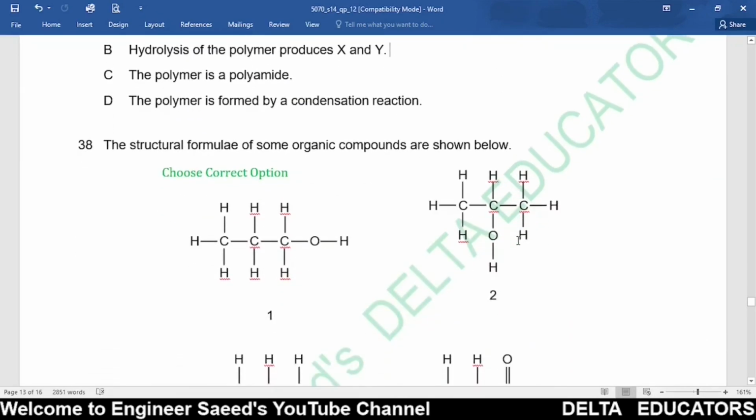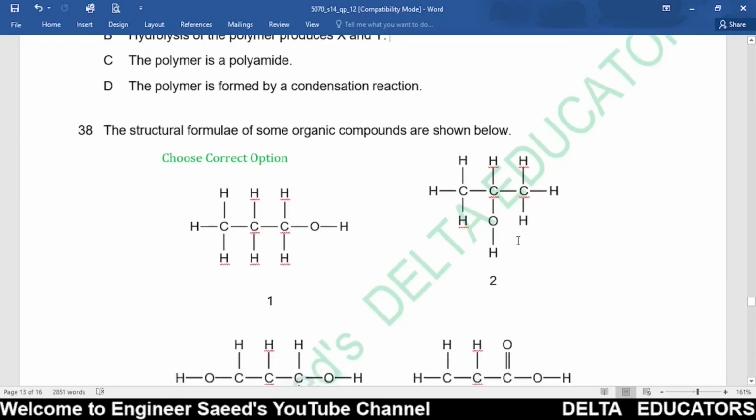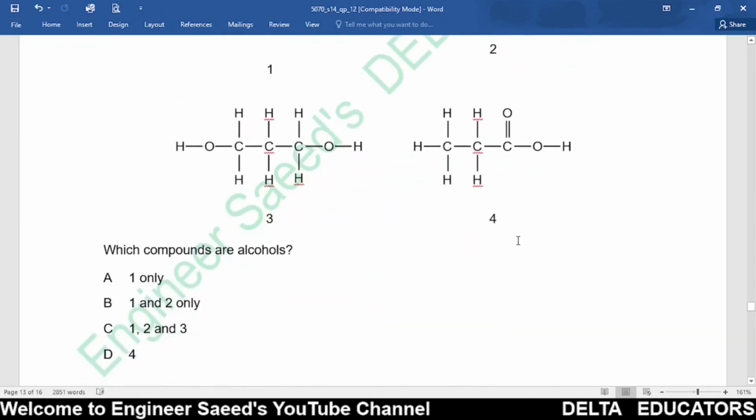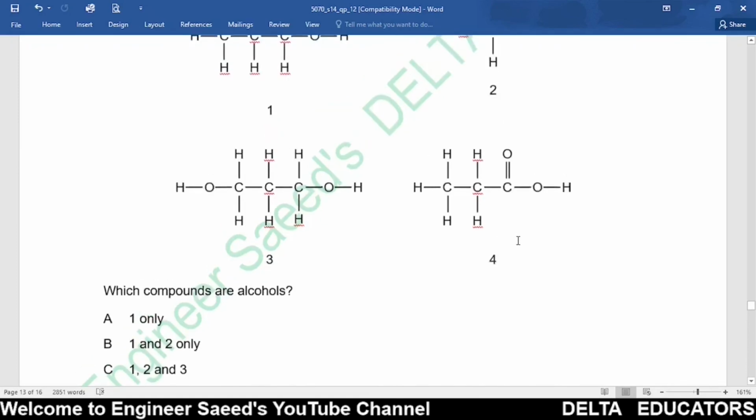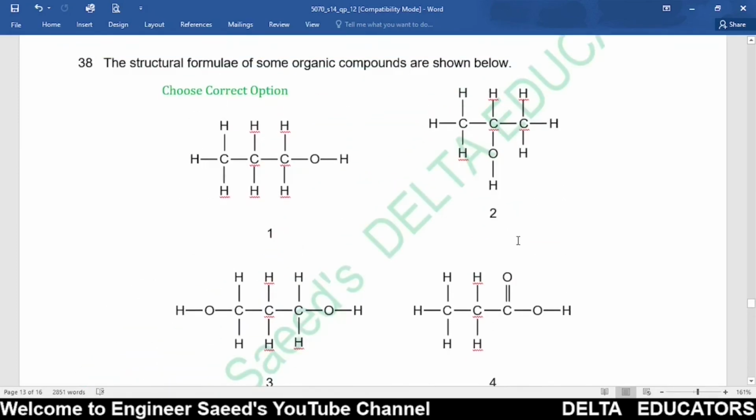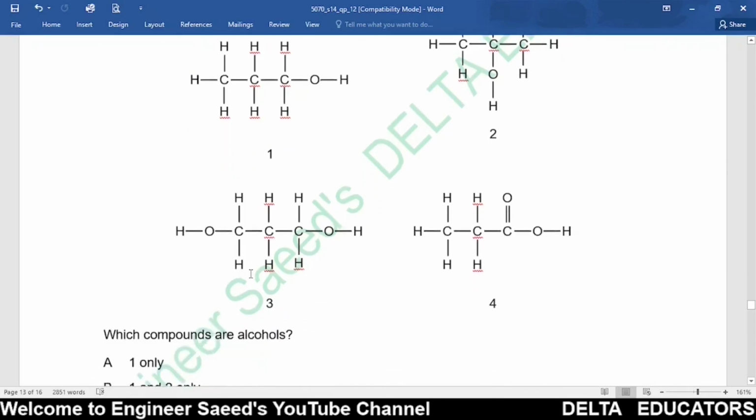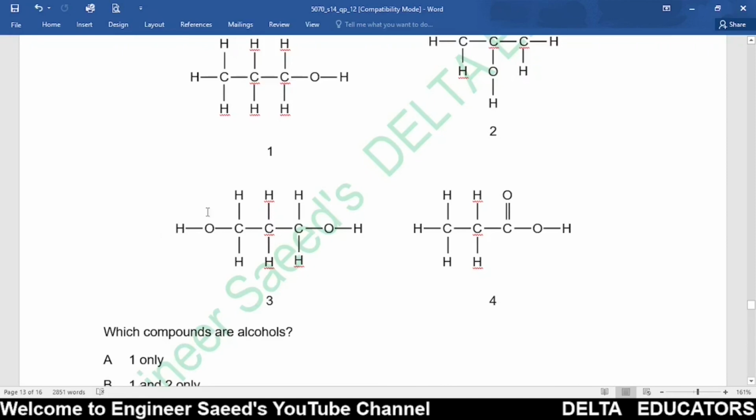Question number 38. The structural formulas of some organic compounds are shown below. Which compounds are alcohols? Alcohol means OH group. In number 1 we have an OH group, so this one is an alcohol. In number 2 we also have an OH group, so this one is also an alcohol. In number 3 we have two OH groups, one on this end and the second on this end, so this one is also an alcohol.